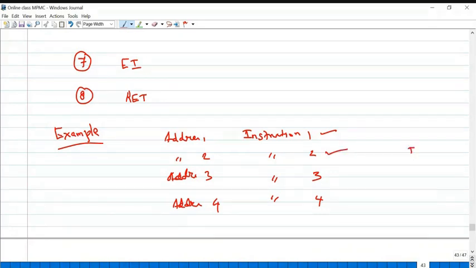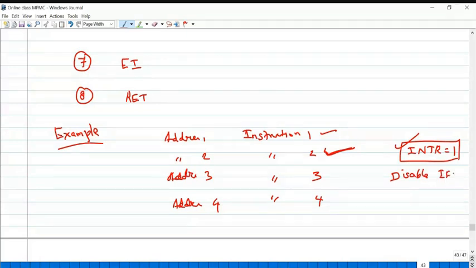Meanwhile, it finds that the INTR is high. Once the processor finds the INTR line high, the microprocessor completes the current execution first, then disables the interrupt flip-flop. Then the next immediate instruction address location is saved in the stack memory.